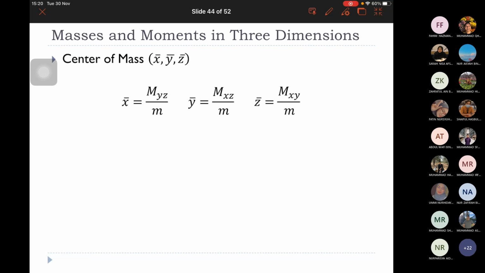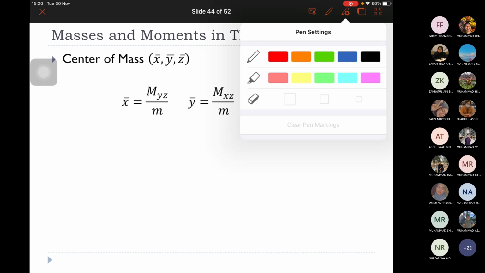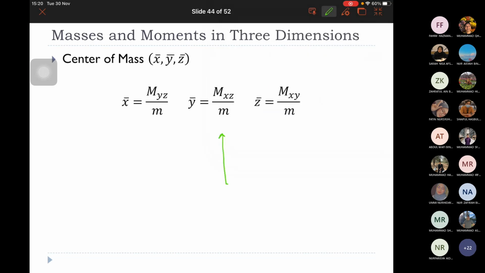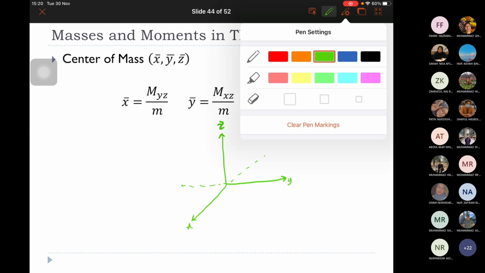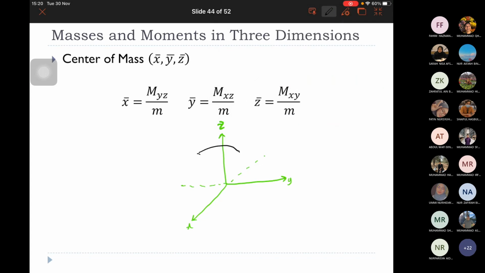So if you have a solid in three dimensions with x, y, and z, let's say in the shape of a cone, for example, then somewhere in the middle is x bar, y bar, z bar.